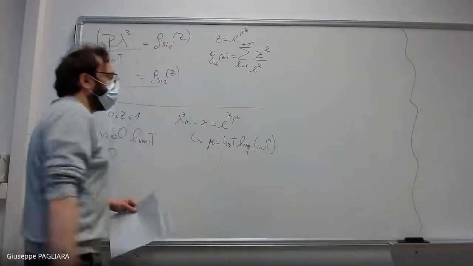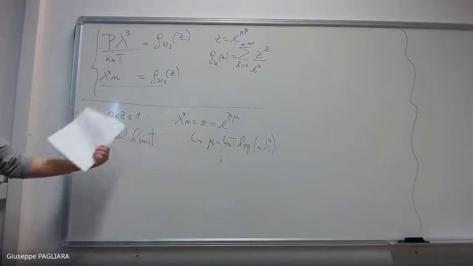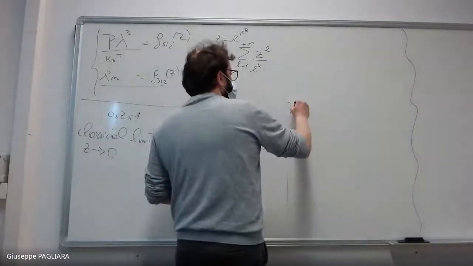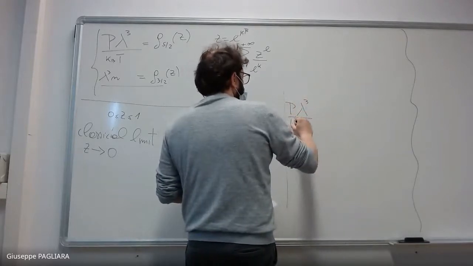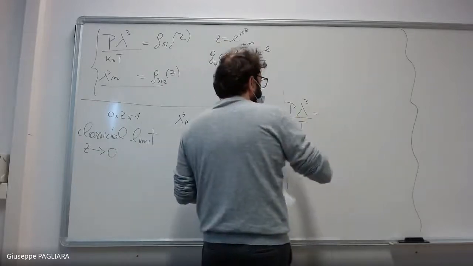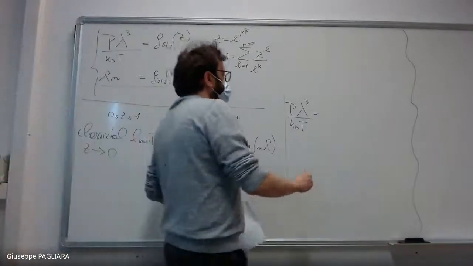Then one can include the corrections at second order in z. Let me just repeat this formula that last time we were running through a little bit: P lambda cubed divided by kBT is equal to z at the first order, which is lambda cubed n.